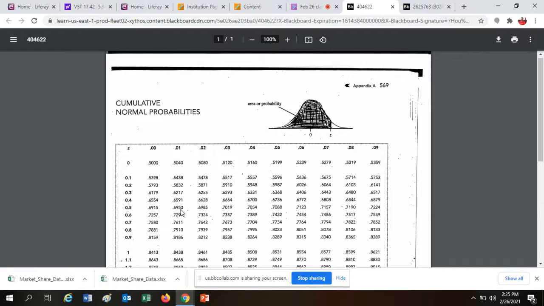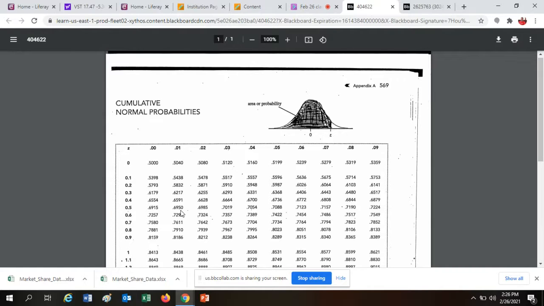The shaded area from minus infinity to 0.51 is 0.6950. Or what is that in terms of percent? 69.5. That shaded area shows that you are 69.5% likely to get a number from minus infinity to a positive 0.51.